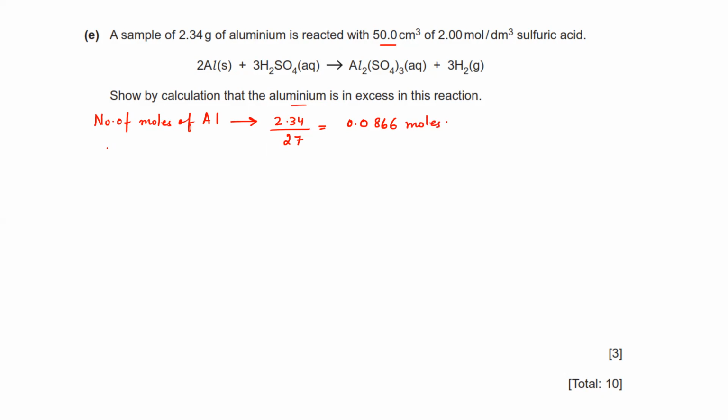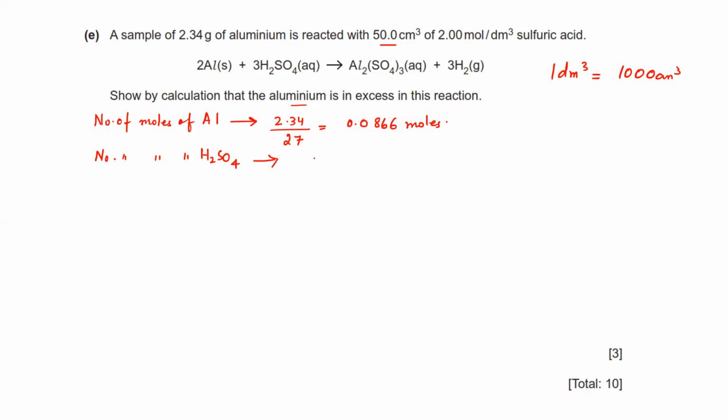Okay, and then we have to calculate the number of moles of H2SO4. These are the two reactants that are available to us. So for the number of moles, remember 50 cm3. 1 dm3 is equal to 1000 cm3 or 1 liter.